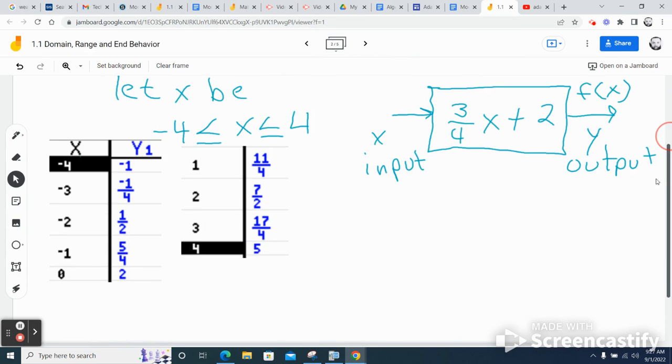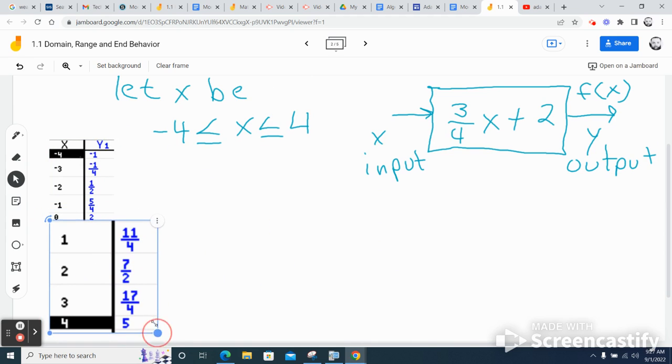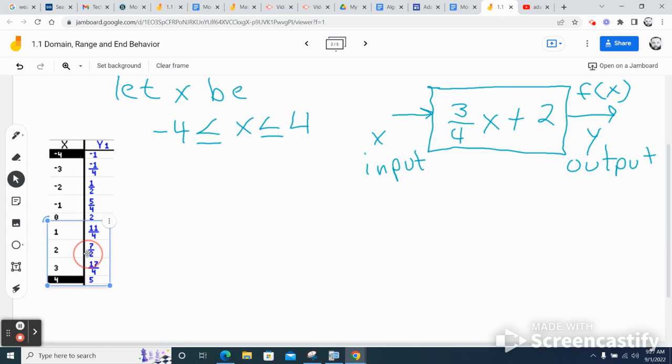So you guys are going to make one table of values. Let me make it a little smaller. So write this table of values down, okay? I'll zoom back in, I guess.